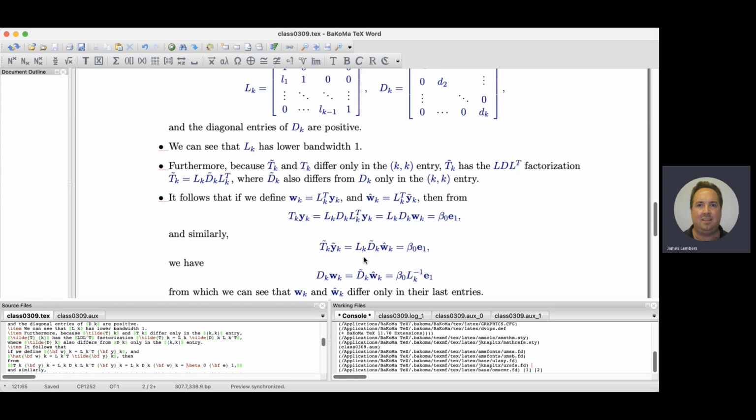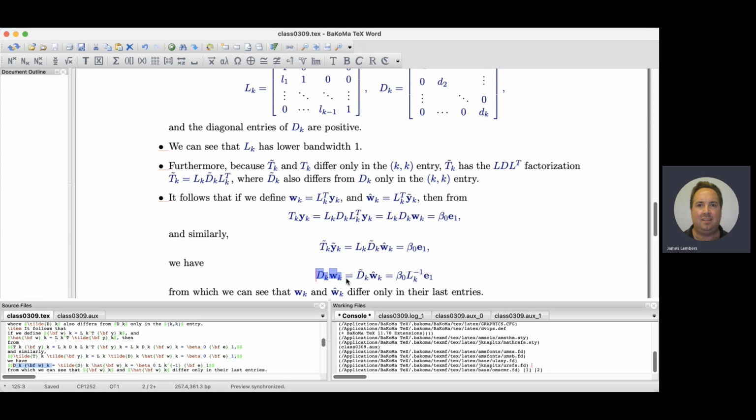So now what I can do is suppose I take this system and this system, multiply both sides on the left by LK inverse to move LK inverse to the other side. Well then, because these vectors are the same, and I'm multiplying them both by the same matrix, LK inverse, it turns out that this matrix vector product and this matrix vector product are both equal to this.